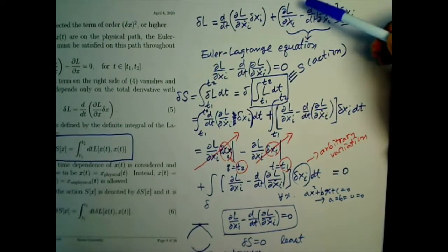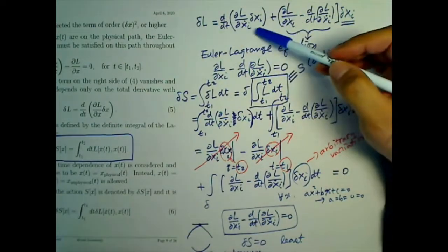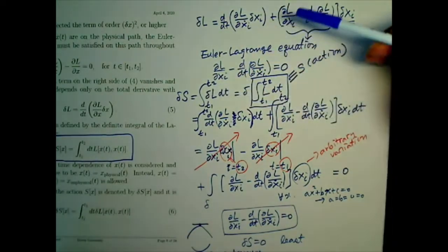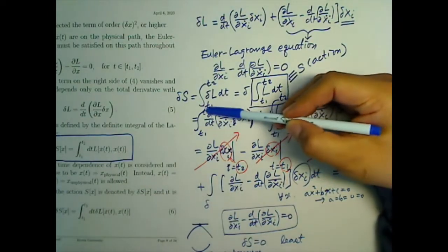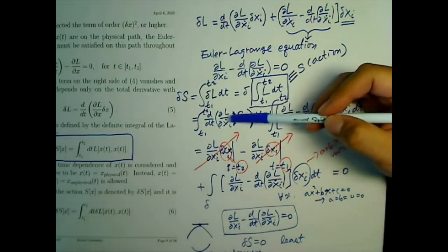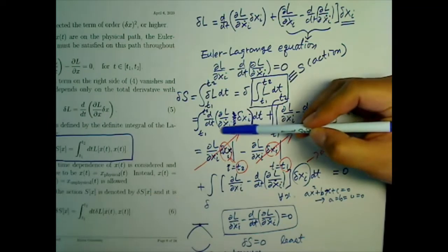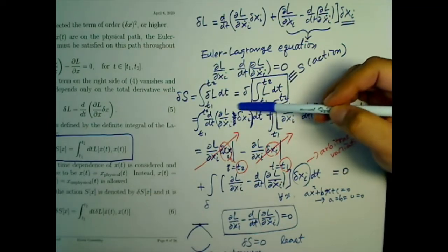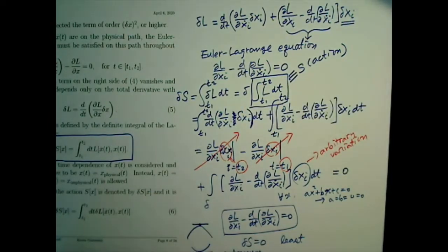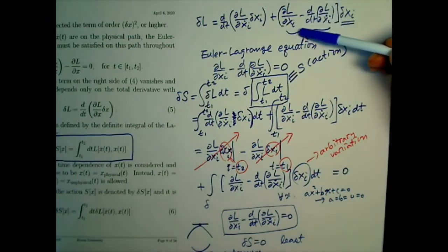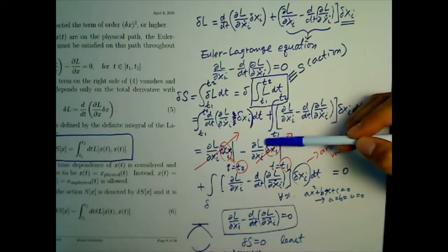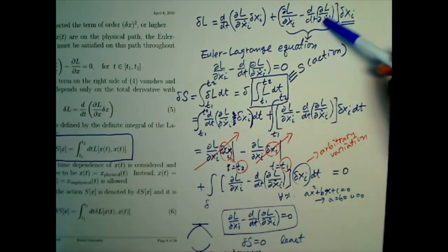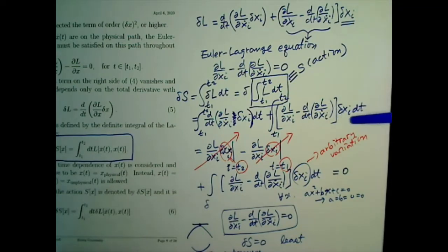If we substitute this into the integrand delta L, then what we find is the total time derivative of the product of conjugate momentum multiplied by the coordinate variation, and the next piece is the integral of the left-hand side of the Euler-Lagrange equation multiplied by the variation and summed over i.